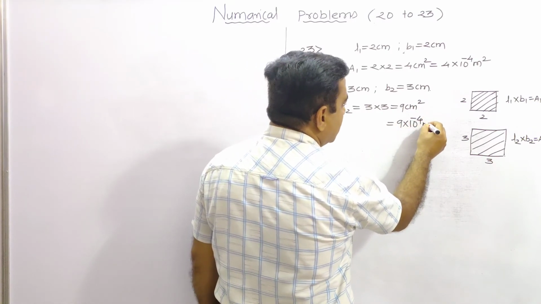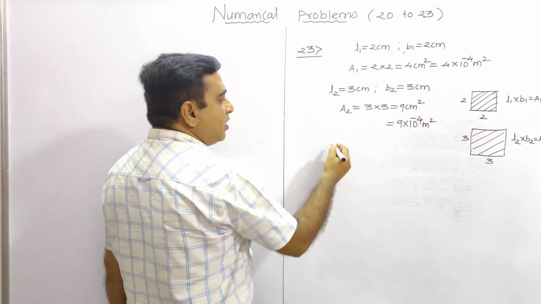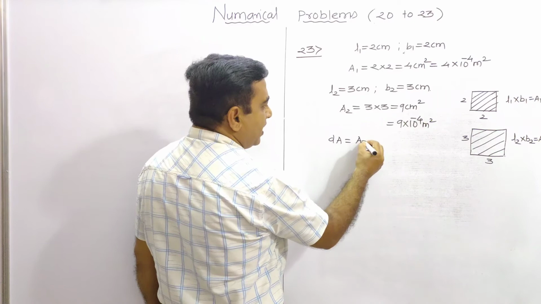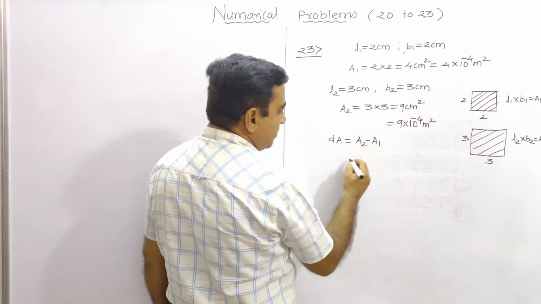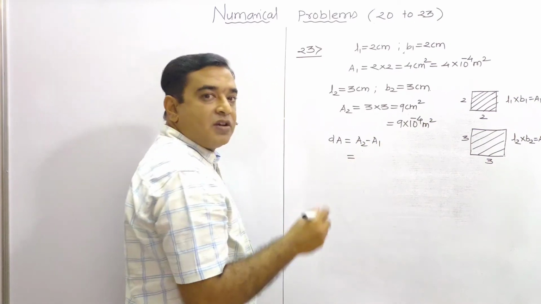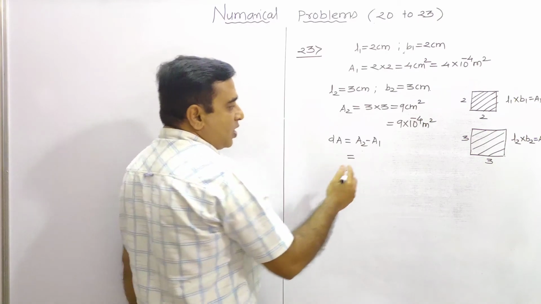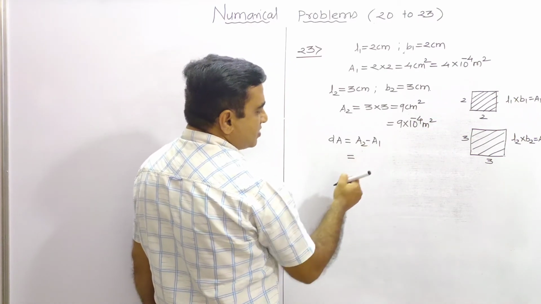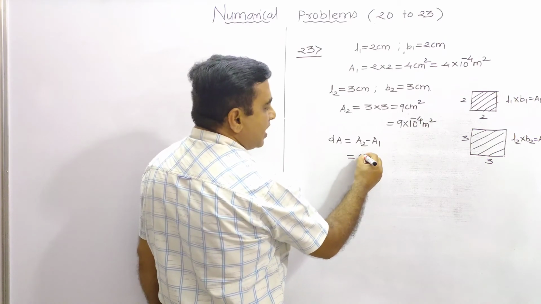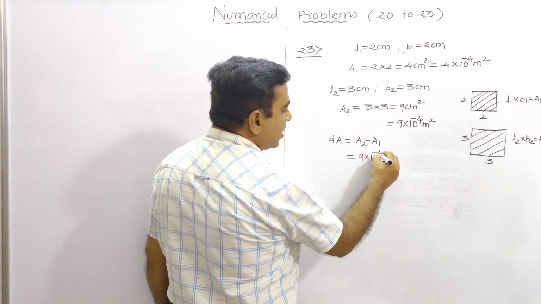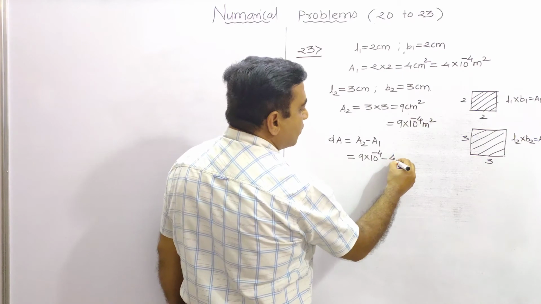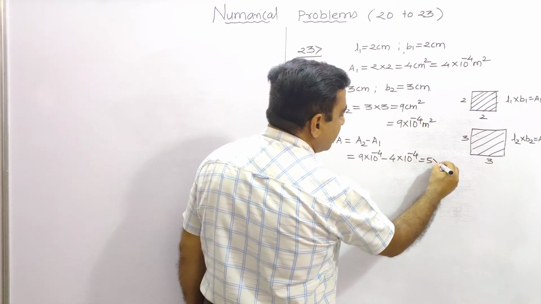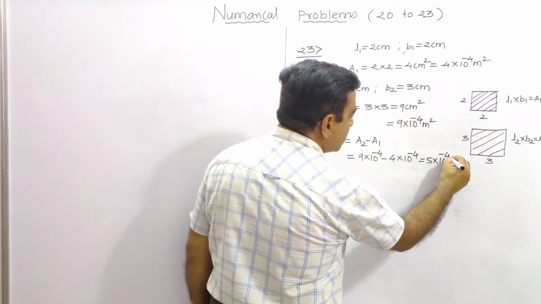minus 4 meter square. But here we know that change in the area is equal to A2 minus A1, bigger area minus smaller area. So there are two frames we have. This A2 minus A1, that is 9 into 10 raised to power minus 4 minus 4 into 10 raised to power minus 4. It comes out to be 5 into 10 raised to power minus 4.